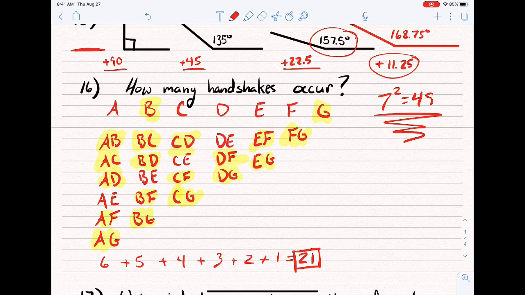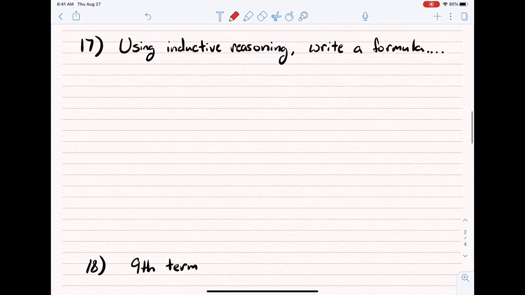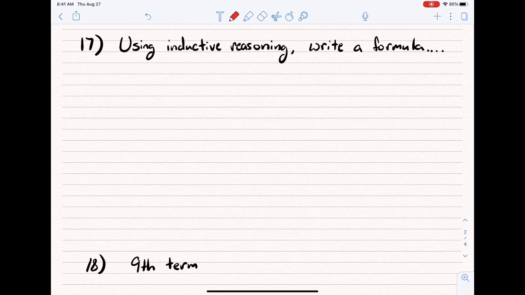And so the hard thing is you go, man, where does the number 21 come from in relationship to the number 7? Because on this next one, it says, using inductive reasoning, write a formula. Well, I hope if nothing else, you see this, inductive reasoning. We said last time we were together that inductive reasoning meant that you were seeing a pattern.